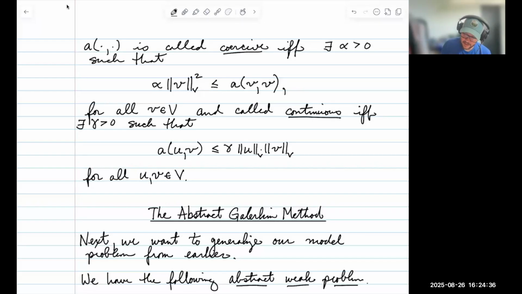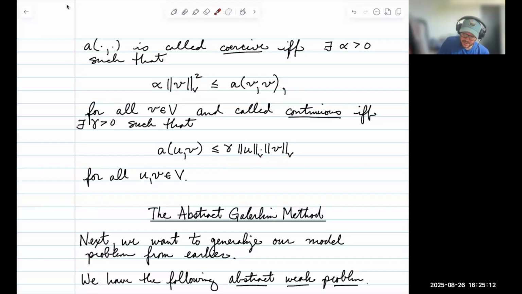We say that A is a continuous bilinear form if and only if there exists another constant, gamma, also positive, such that, and this one I'm not putting the same object in both entries anymore, A(u, v) is less than gamma, our positive constant, times the norm of u times the norm of v.